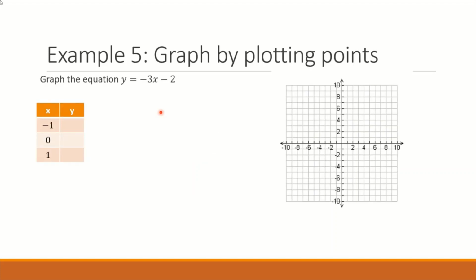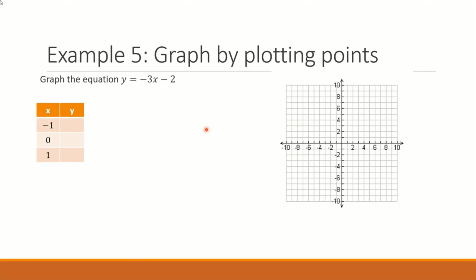So let's graph by plotting points. To do that, you just list out your x's and you're just plugging them in. Now you can use any x's you want. Sometimes they might give you the x's to plug in.